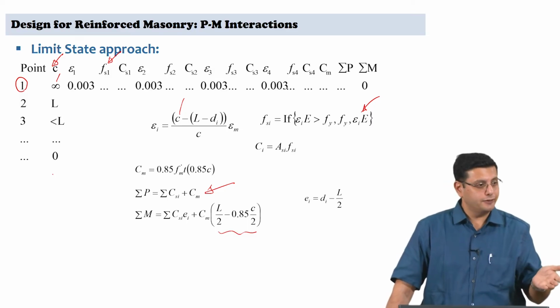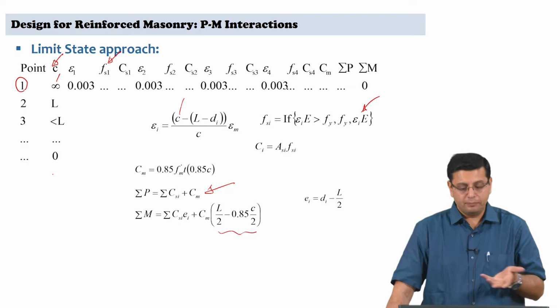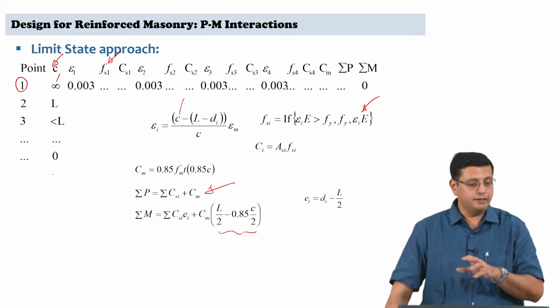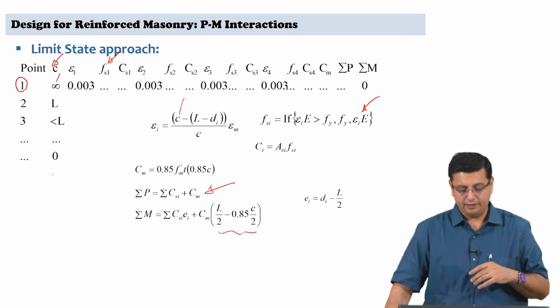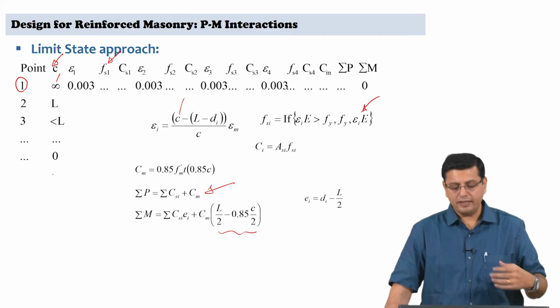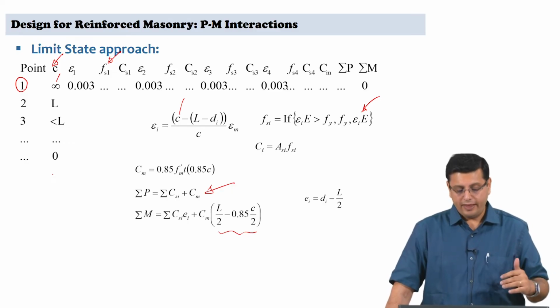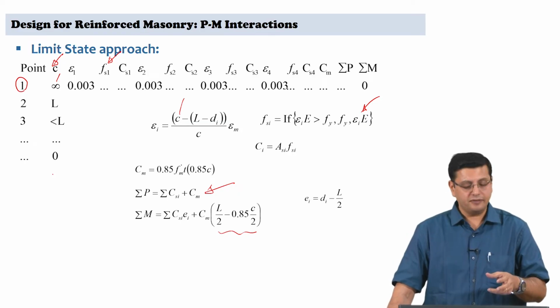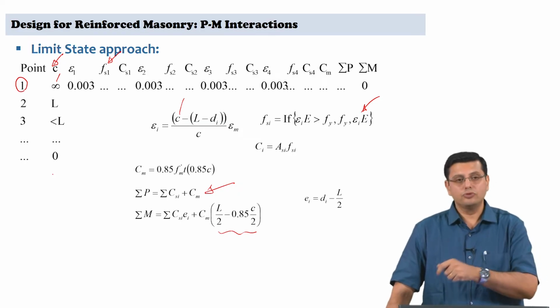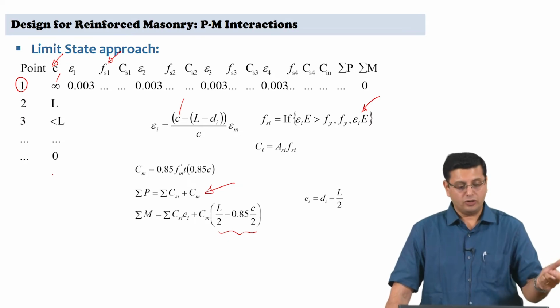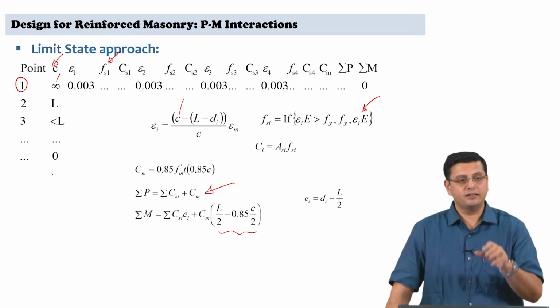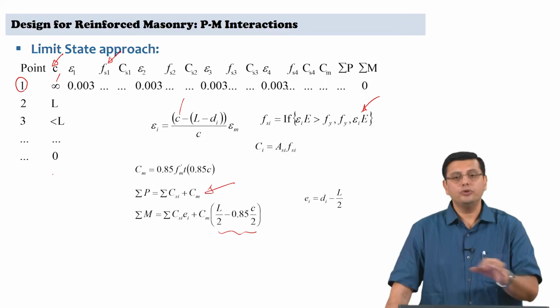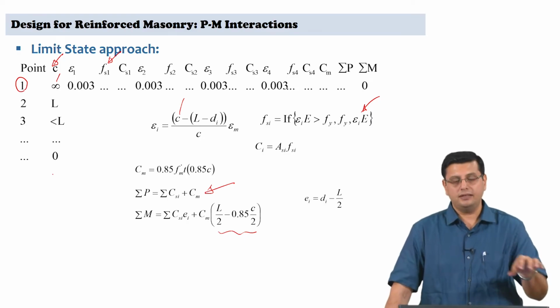That may be the ideal thing to do, and if you do that, you have complete control in terms of your design loads and the interaction surface itself. However, that may be too much to ask for, and therefore, since you will not be using a PM interaction surface, for the combination of moments and axial forces at a given wall, you need to know what is the state of stress in the wall.